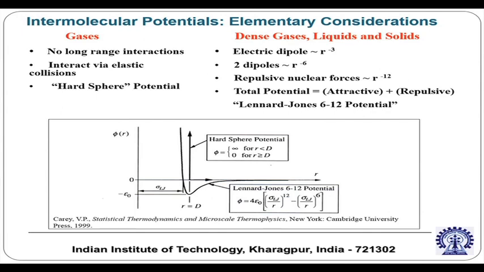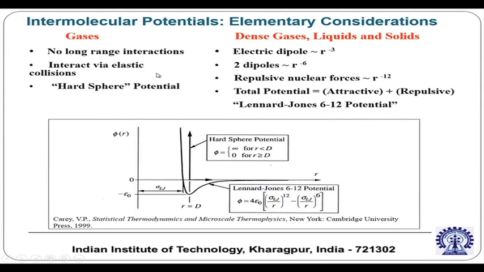In reality you do not have to go to infinite r, because calculation with infinite distance is computationally very involved. So there is a cutoff distance, typically like this one, beyond which the potential goes to 0.